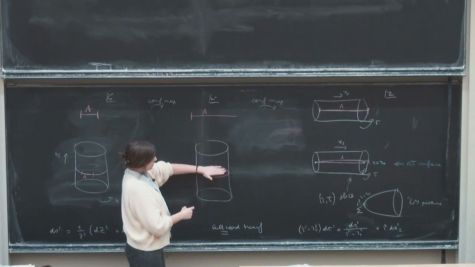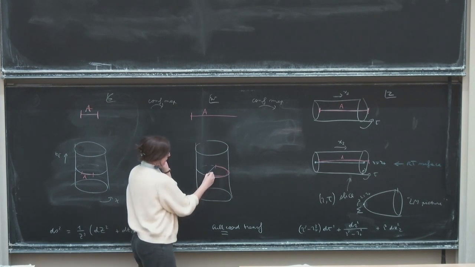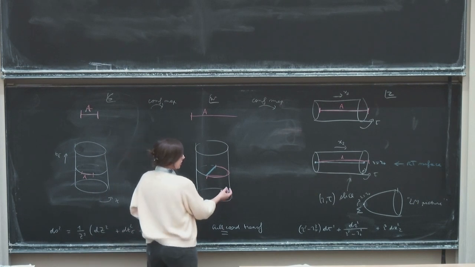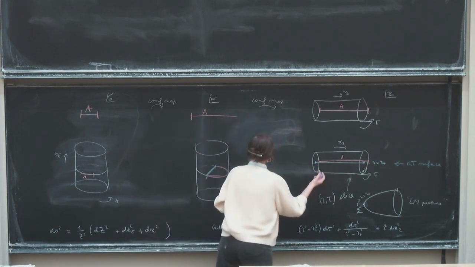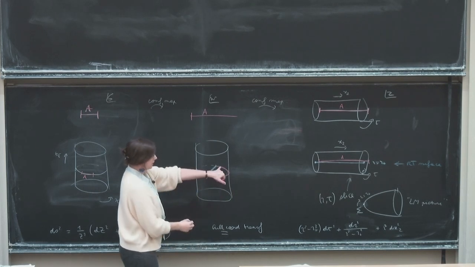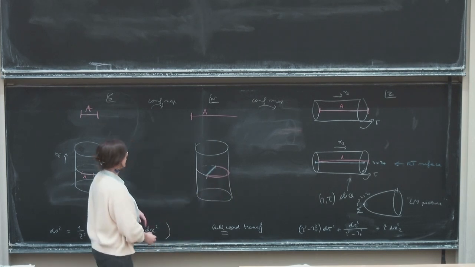So on this constant time slice, it's this line that cuts the slice precisely in half. This is the R is R plus line, such that indeed it connects the endpoints of A now.